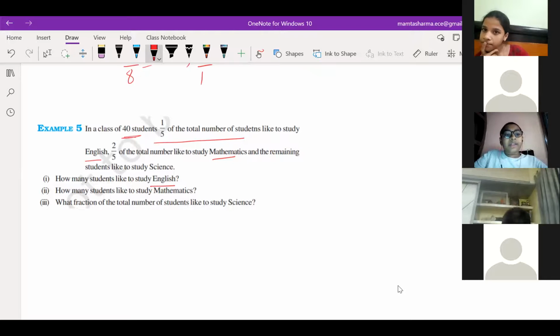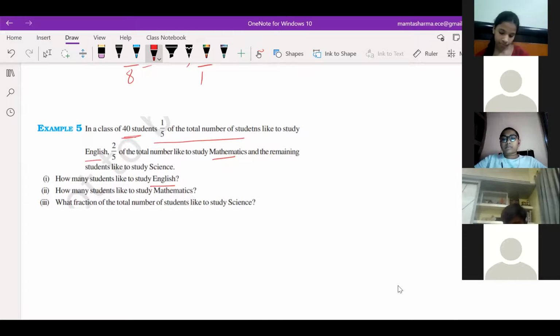How much science? Simple, ma'am, the denominator is same. First we'll add 2 by 5 plus 1 by 5, it's 3 by 5.